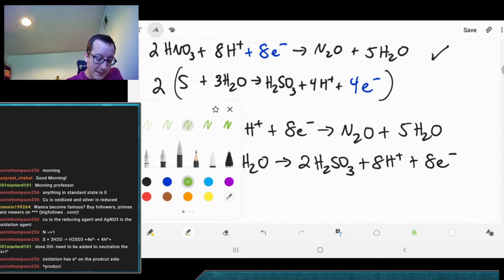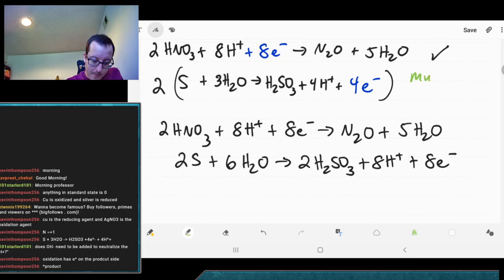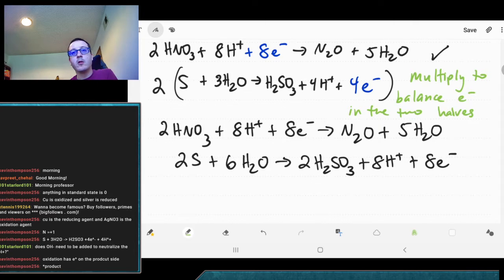So we always want to make sure we multiply as necessary to balance the electrons in the two halves. That's what we've done here. And now we can add these guys up.